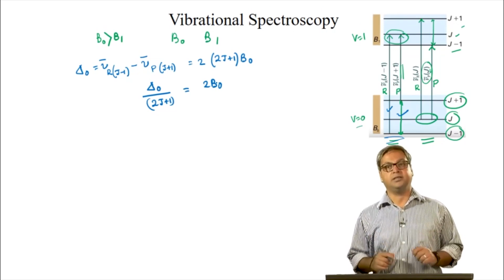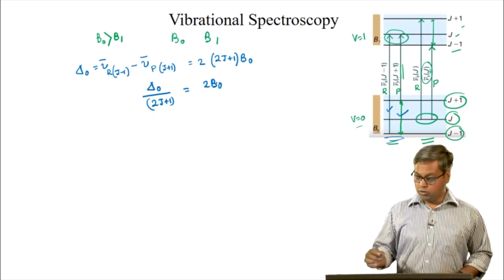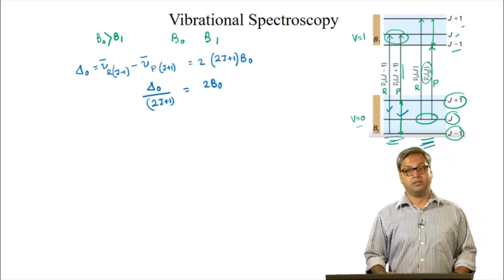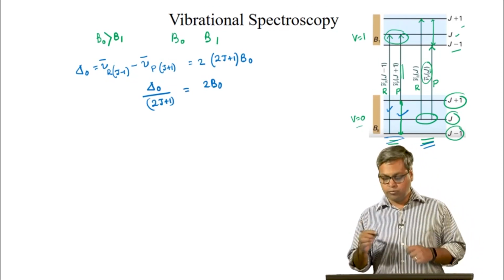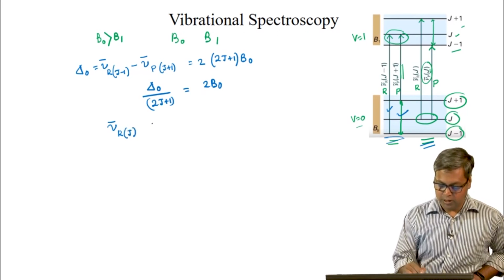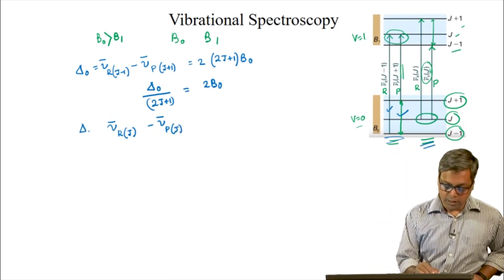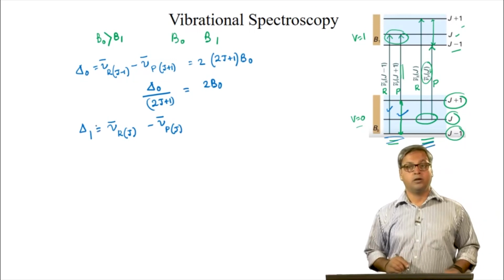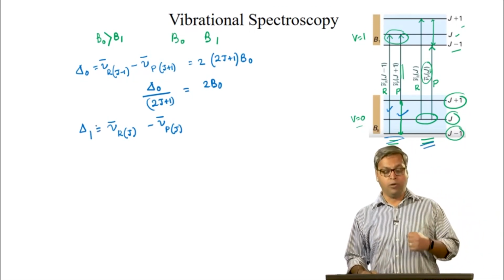A similar analysis can be done for the transitions shown on the right side. Let us denote the difference between these two transitions, that is nu bar R j minus nu bar P j, as delta 1. This will give us information about B 1.